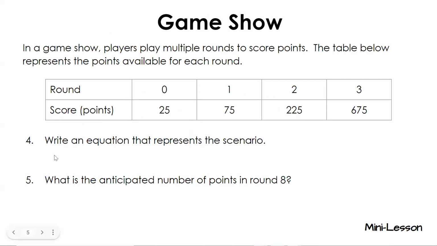All right, so go ahead and take a moment. In a game show, the players play multiple rounds to score points. The table below represents the points available for each round. Write an equation that represents the scenario. So what was our initial? Okay. What are we going up by each time? Multiply by 3.